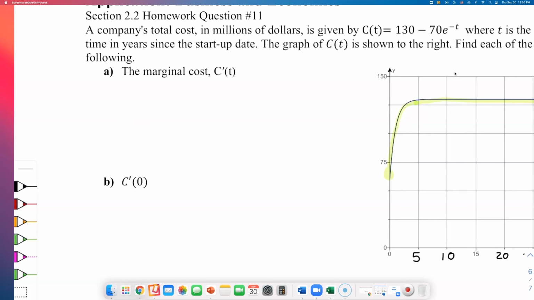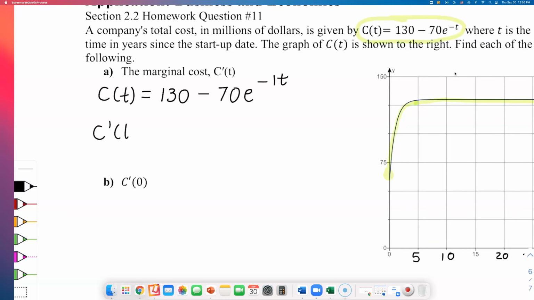Finding it isn't that difficult. I just have to take the derivative of this C of t, which is 130 minus 70 times e to the negative t power. So what's that going to be? C prime of t: agree that 130 will just give us 0, that's the constant.